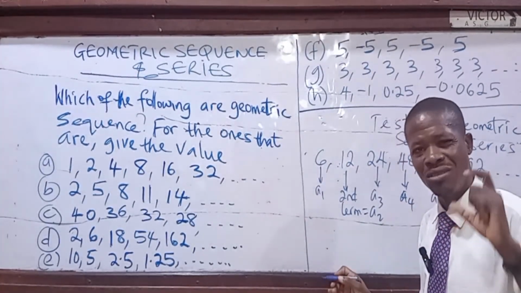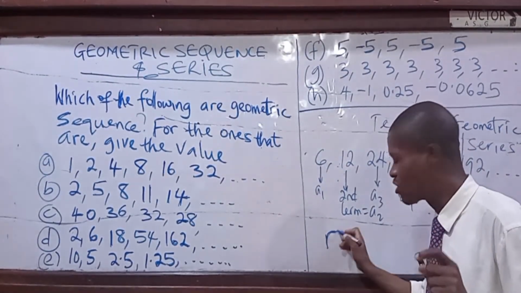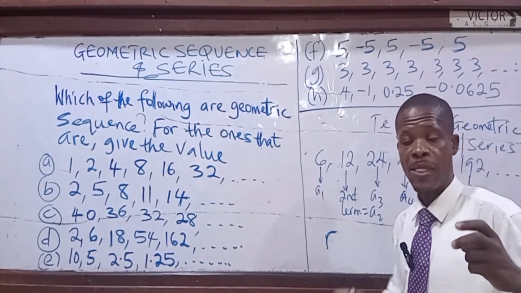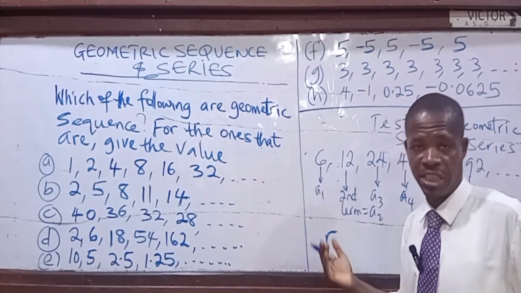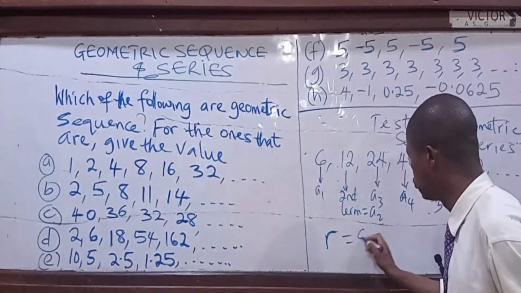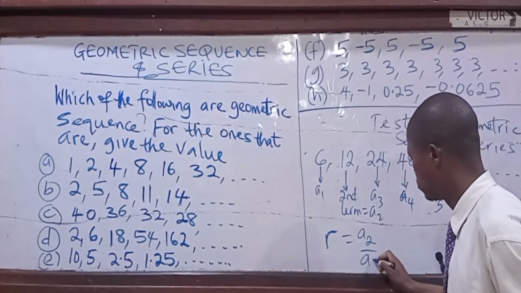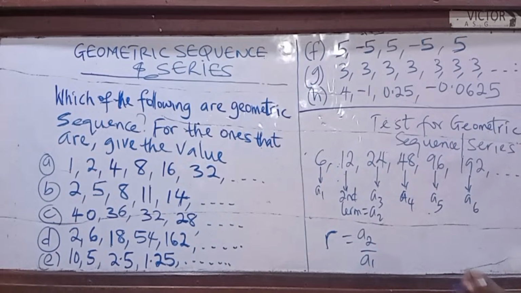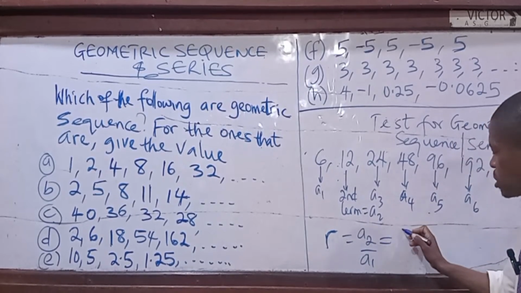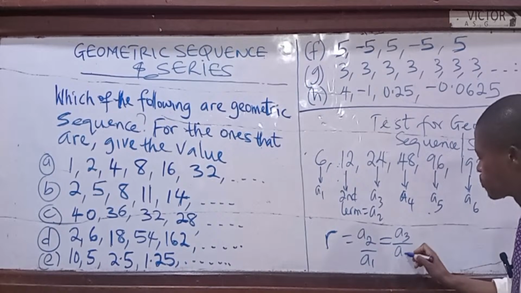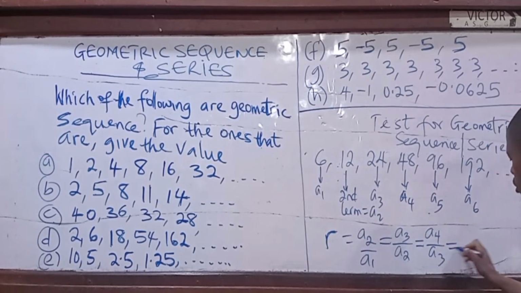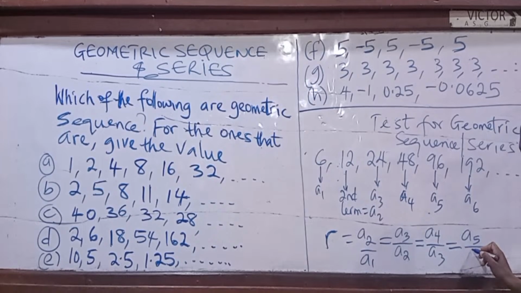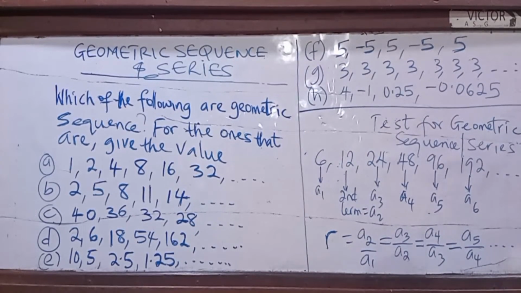If you want to test for geometric, it's very simple. That's what we call the common ratio. Your common ratio is what we use to test whether a sequence or series is geometric. It's going to be A2 over A1, which must equal A3 over A2, which must also equal A4 over A3, which must also equal A5 over A4, and so on and so forth.